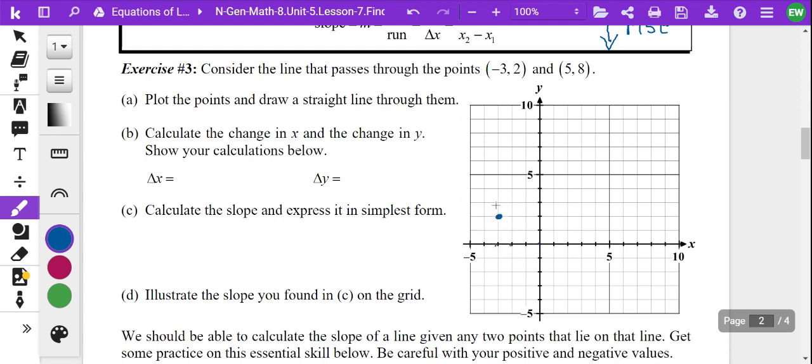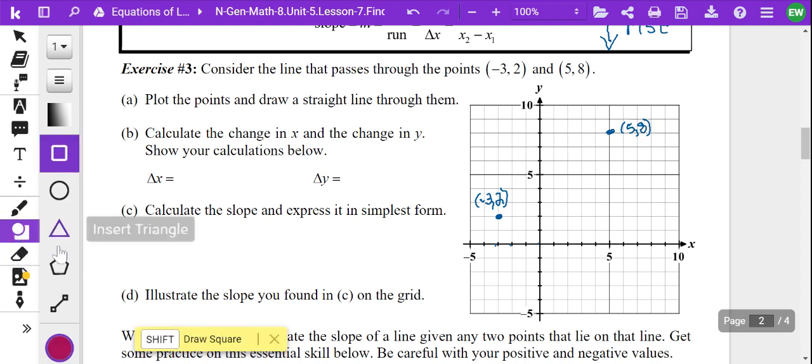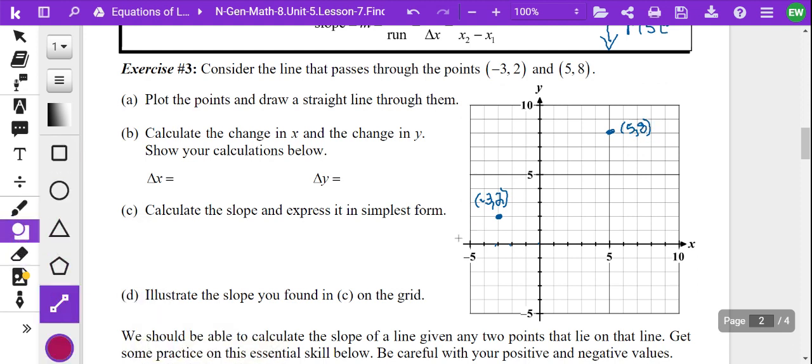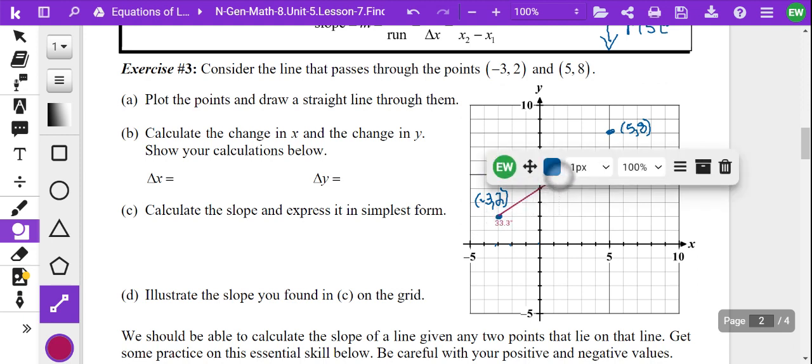So I'm going to plot that right there, (-3, 2). And then I'm going to plot (5, 8). So I'm going to go over 5 and up 8. And that takes me right here. And now I have to draw a line through them. Any straight edge will do at home when you are doing this.